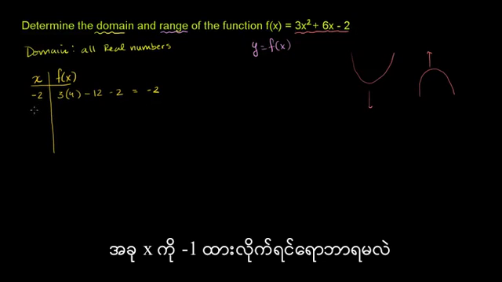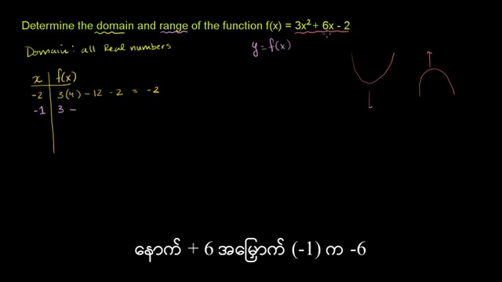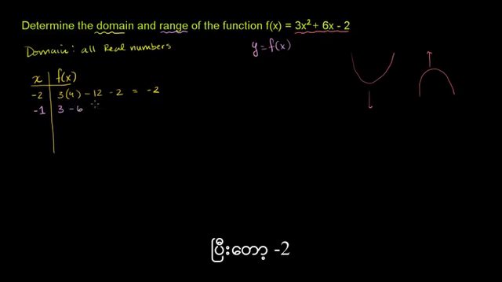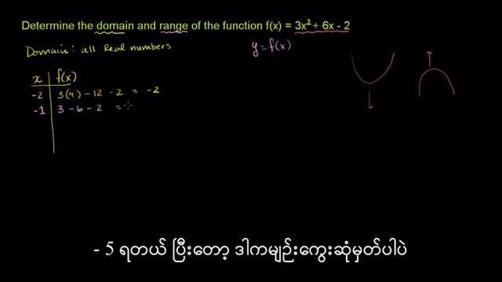Now what happens when x is equal to negative 1? This is going to be 3 times negative 1 squared, which is just 1, plus 6 times negative 1, which is minus 6, and then minus 2. So this is 3 minus 6 is negative 3, minus 2 is equal to negative 5.